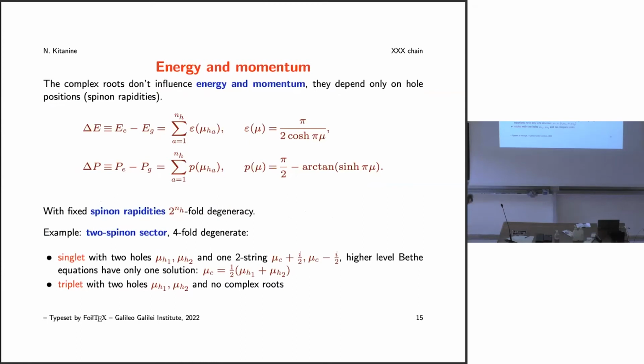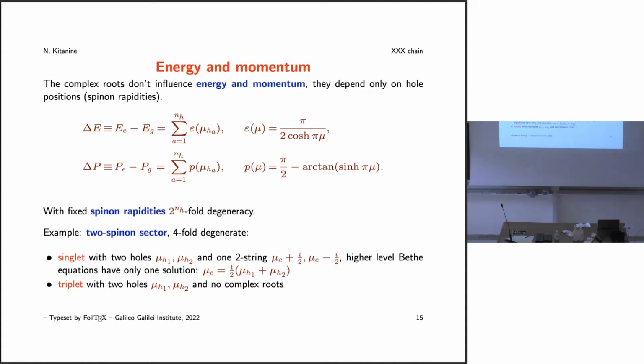You fix the positions of holes, more or less you fix these integers because they correspond to holes, and then from this position you say, okay, we have holes in these positions, and then in terms of this position you compute all the possible states with these positions of holes, because you can have a state where you just have these holes and that's it. For example, for 4 holes you can have a state with 4 holes and that's it. It will be a quintuplet, so there will be 5 states like this obtained from here.